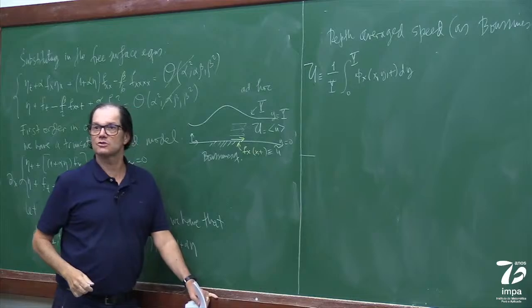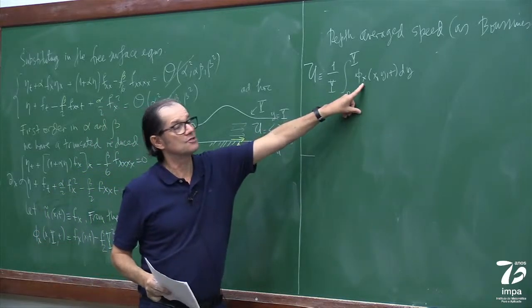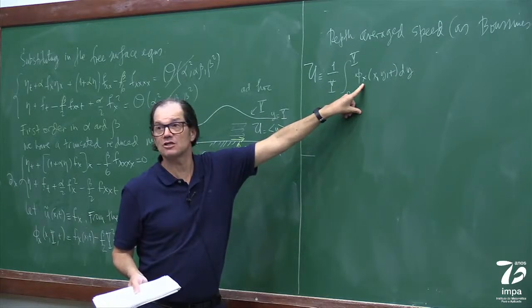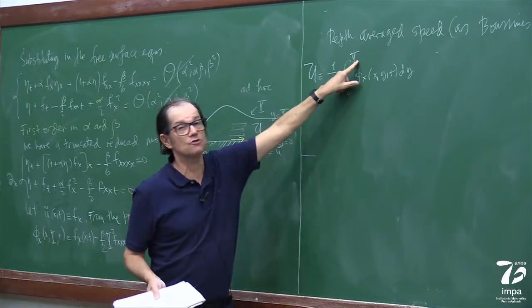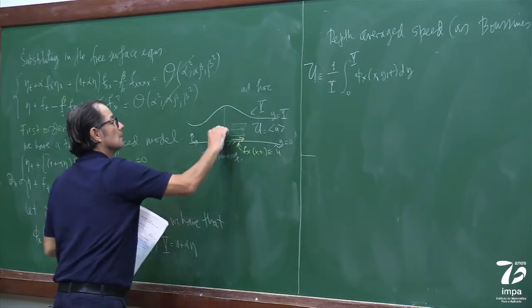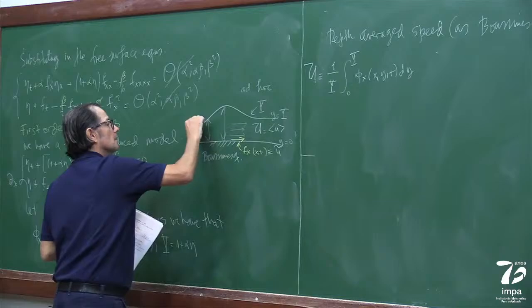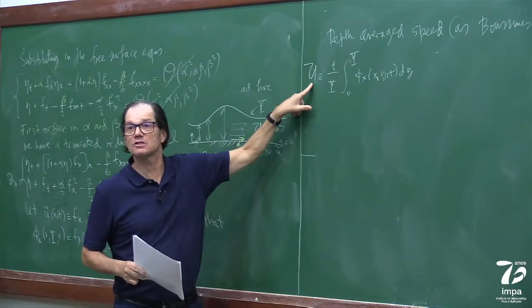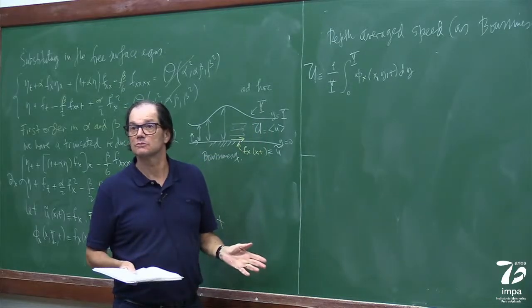This is y equal to 0. This is the horizontal speed from the definition of the potential. I'm integrating from the bottom to the free surface and dividing by the height of the fluid at that point. So this gives me the average velocity depending on where I am. Do you agree?